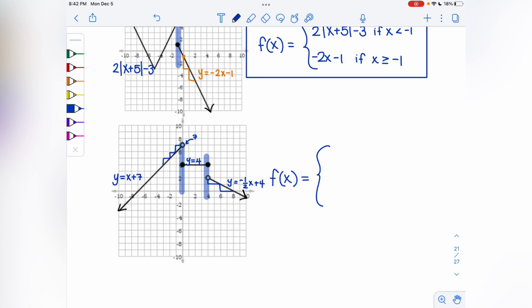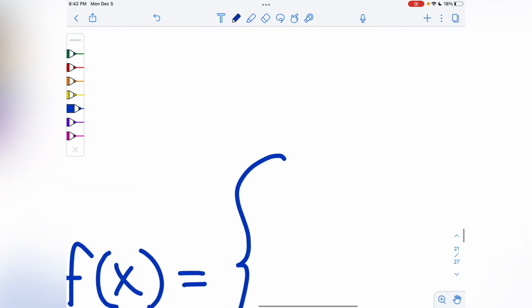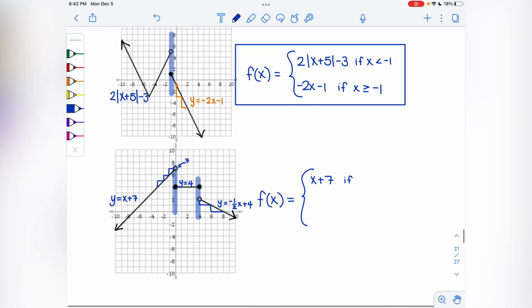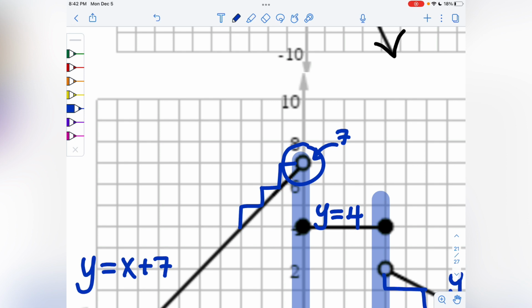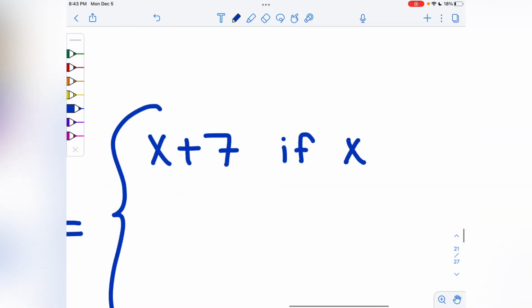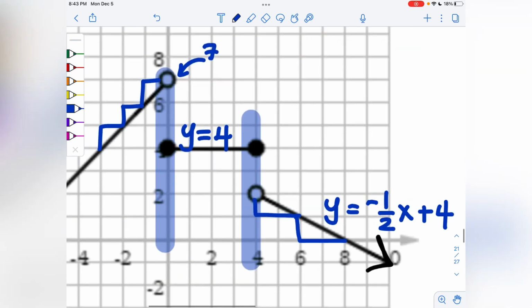So now I'm going to write this. Let's start with the x plus 7. So that is happening if x is to the left of 0. So since it's to the left, it's x is less than 0. The middle chunk, which was just at the number 4, is if x is in between the numbers 0 and 4.